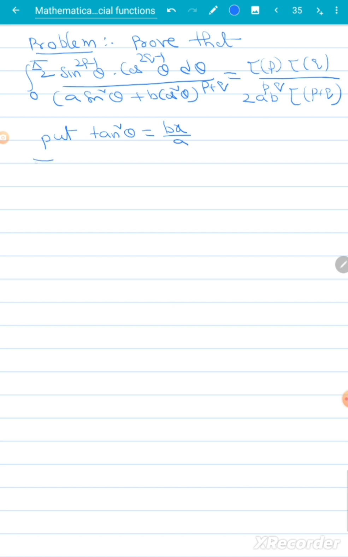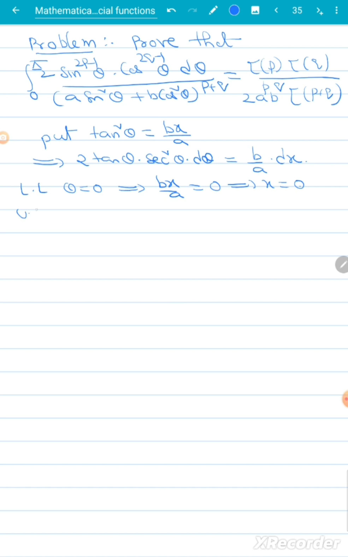So this implies that 2 tan theta, differentiation, secant square theta d theta is equal to b by a dx. The lower limit is theta equals 0. This implies that bx by a is equal to 0, therefore x is equal to 0.